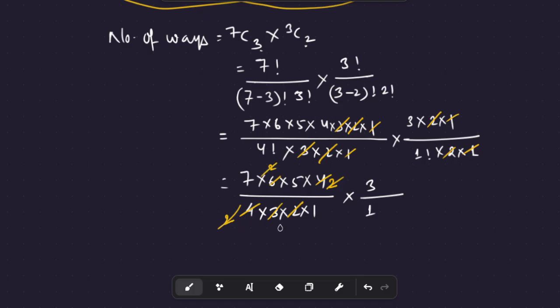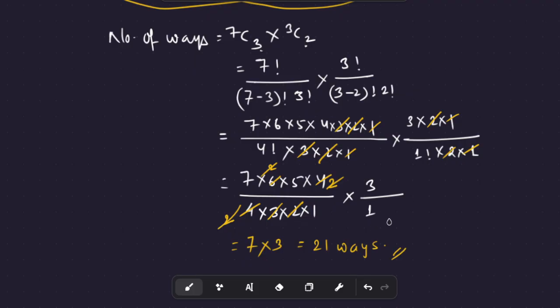Have you understood this cancellation? Now we have got 7 only here, and here we have got 3 divided by 1, it will be 3. Altogether it is 21.